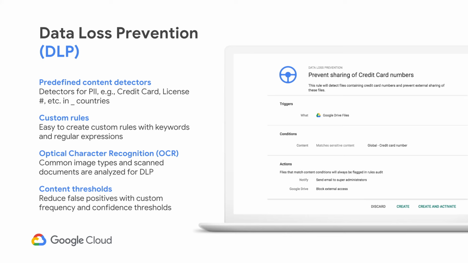Data loss prevention, or DLP. DLP uses optical character recognition, or OCR technologies, to scan contents in Gmail, including its attachments, files in Drive and Team Drives. And it's looking for possibly sensitive content.